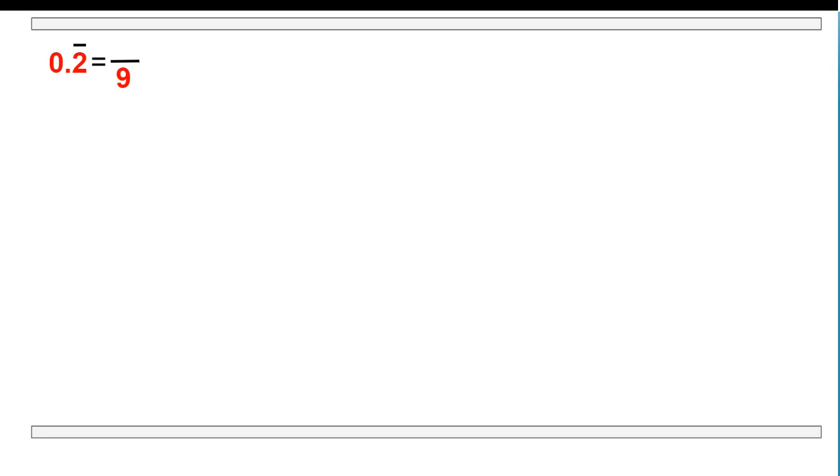In this case, 0.2 becomes 2 over 9. 0.3 is 3 over 9, which can be simplified and should be simplified to 1/3 or 1 over 3. 0.7, well, is obviously 7 over 9.